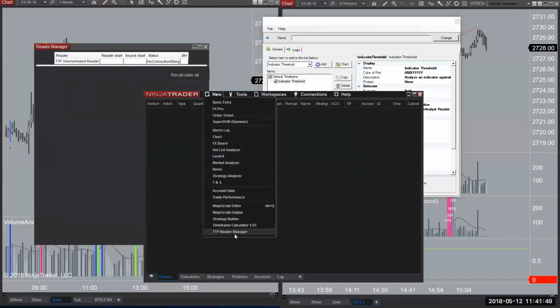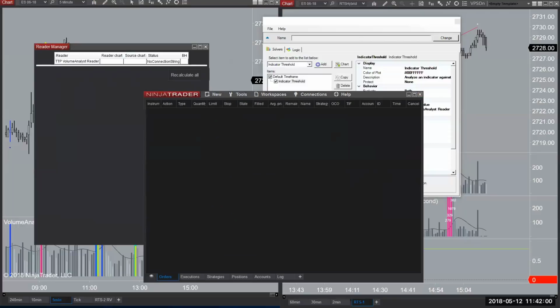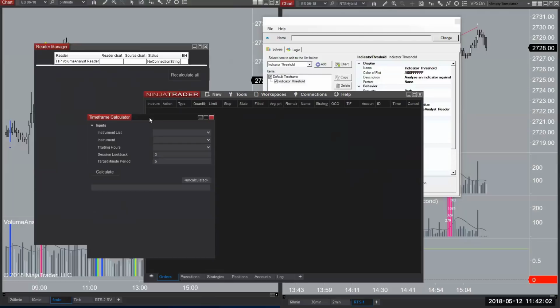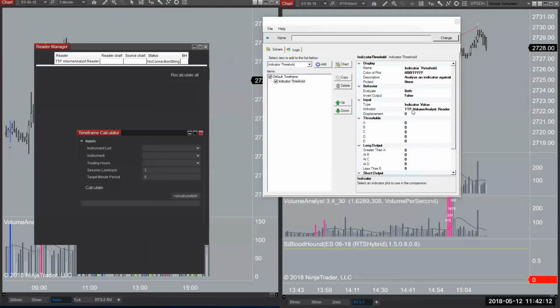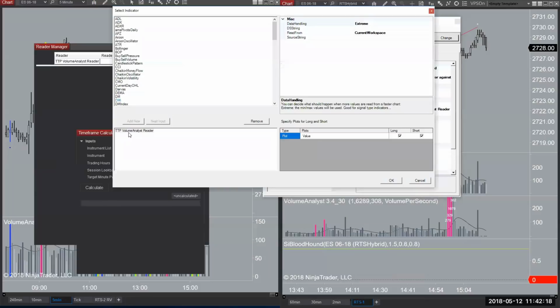Ninja has these different add-ons that we can build, which all function as a separate window, and linking those to charts is kind of a difficult thing to do. But we basically figured it out through a couple of little tricks.